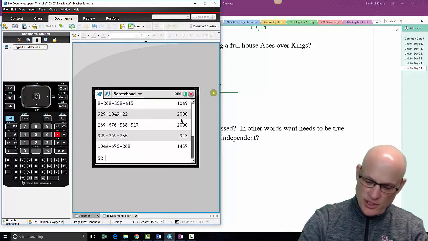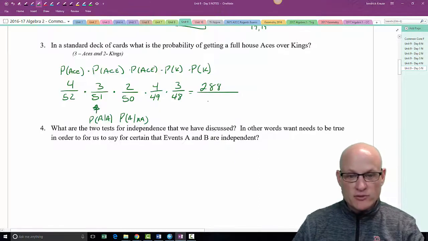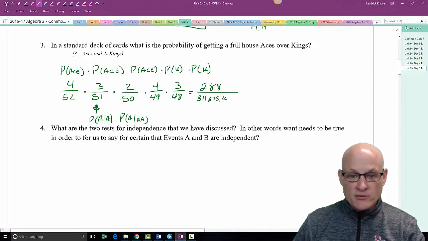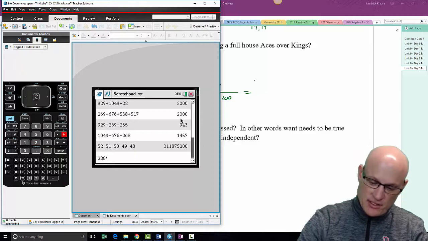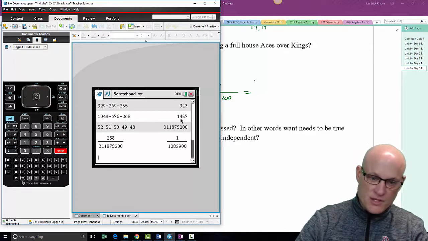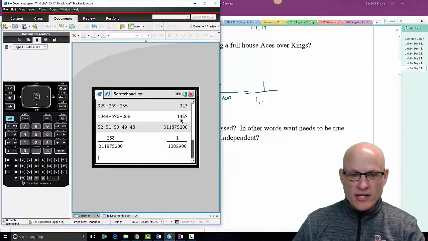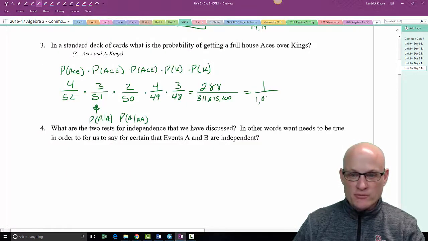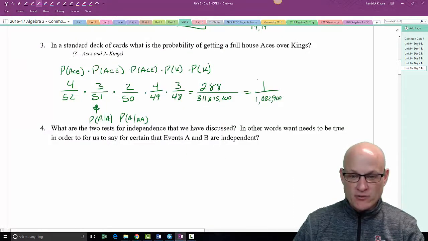So 52 times 51 times 50 times 49 times 48 is 311,875,200. And if I reduce that, I'm just curious what this is. 288 divided by that is 1. You have a 1 in 1,089,082,900 chance of that happening, of getting aces over kings.